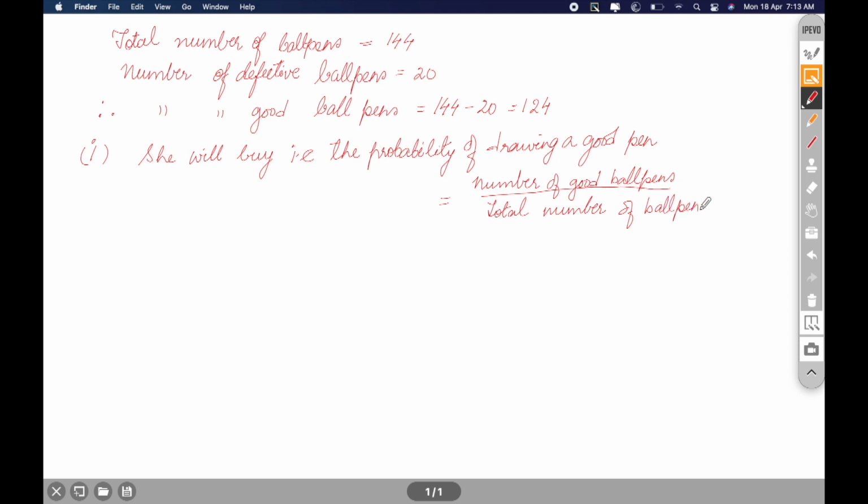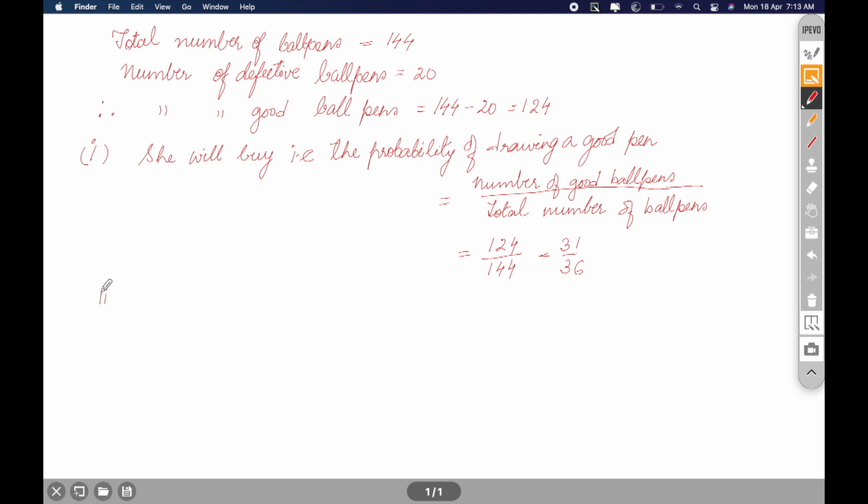So here the sample space is the total number of ball pens and we are talking of the event of drawing good pens. So this is 124 by 144 and the simplified value is 31 by 36.